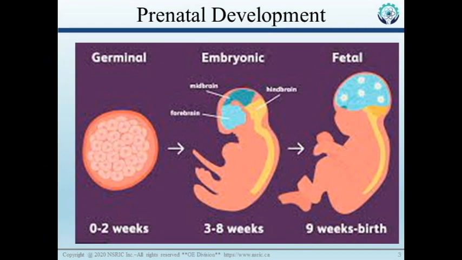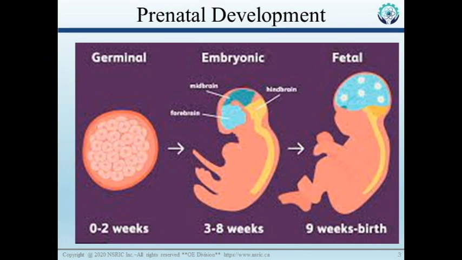By the conclusion of this embryonic stage, the embryo has grown to about an inch in length. Very small, but there are discernible features that foreshadow the person this will become. And then we have the fetal stage, which begins around week 9.